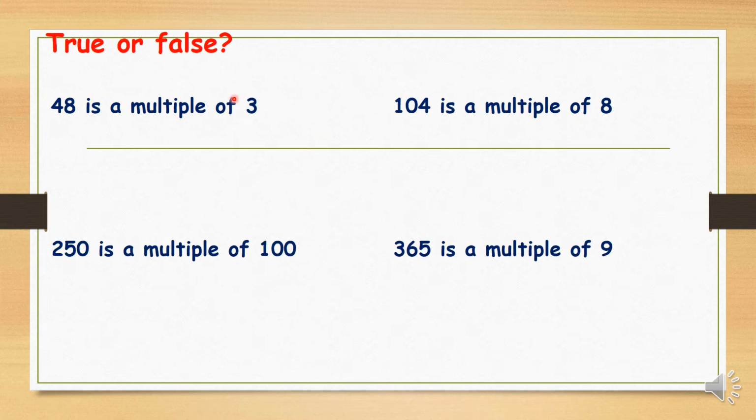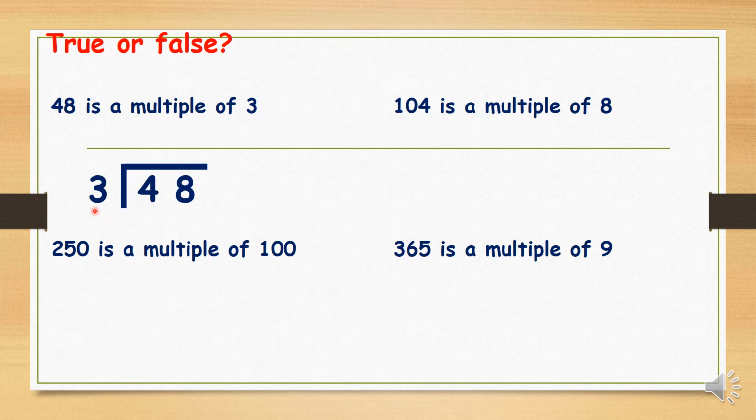Let us look at a few examples. True or false? 48 is a multiple of 3. We said if 48 is a multiple of 3, then it can be divided by 3 without leaving a remainder. Let us check.